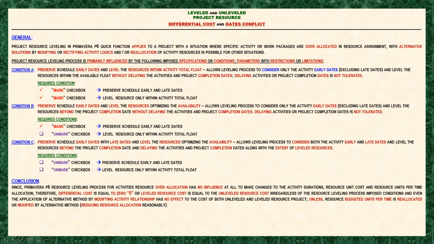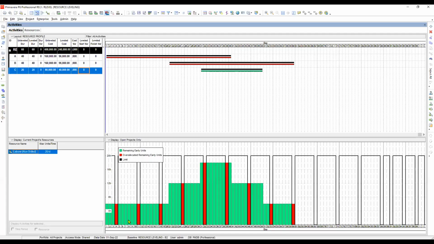So let's get back into our Primavera because we have not discussed this one. When we use the resource allocation, or I mean the alternative method, if you look at our data, you see this one?